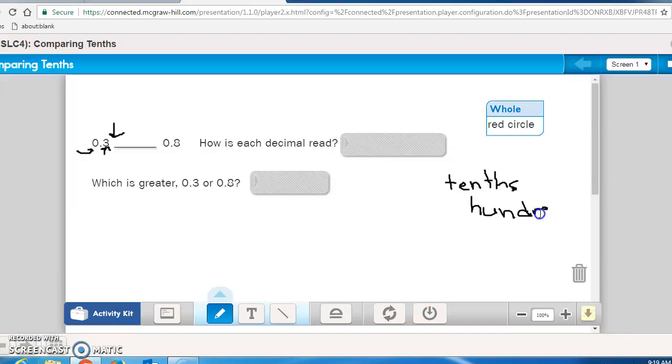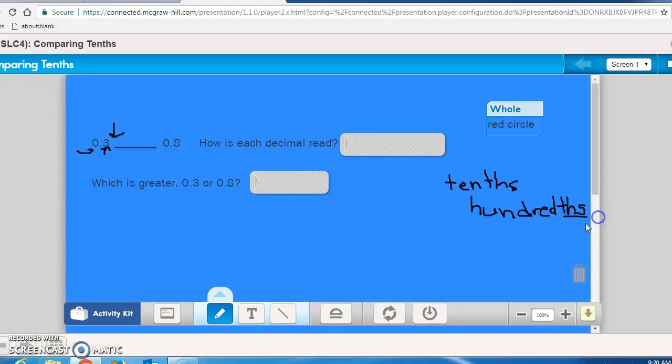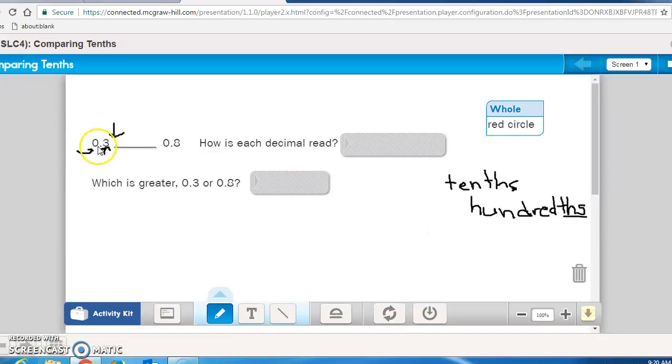And if you look at the front of our room, I actually have the magnets up there that you can see visually. It says hundredths. So if we're to the left of the decimal, we would just be looking at 10, 100, thousands. But once we go to the right of the decimal, we start doing tenths, hundredths, and thousandths.